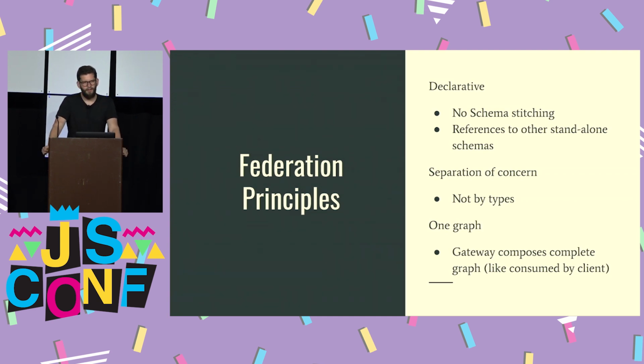Another thing which is pretty great is that you have a separation of concerns, meaning you divide your schema into several standalone schemas, which can then be referenced to each other. To bring all of that back together for the client, Apollo created a gateway which takes all those federated schemas and makes one huge schema out of it again. So for the client, nothing changed at all. It's only on the server side.